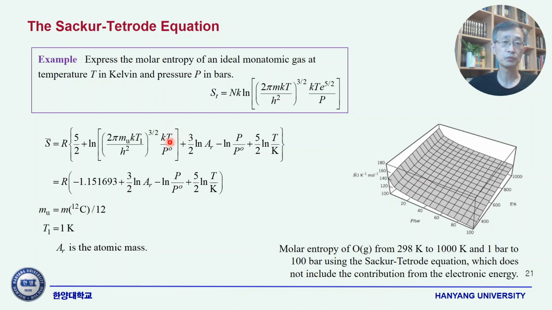Also, T is put as 1 K, unit temperature, separated out, because T to the 3/2 and the remaining factor make T to the 5/2 in total. We could just put these numbers in and calculate, but the numbers in the logarithm should not have a unit. So those are calculated and then plotted.